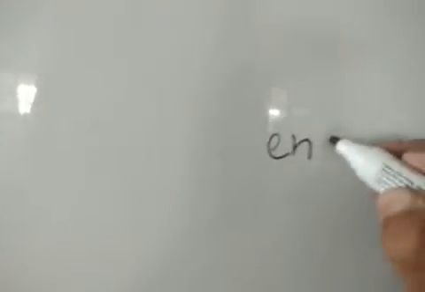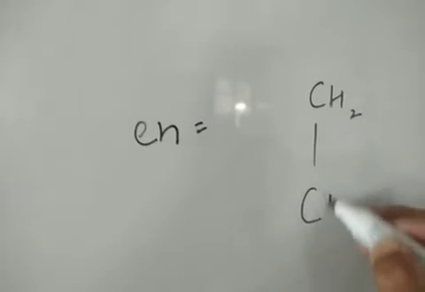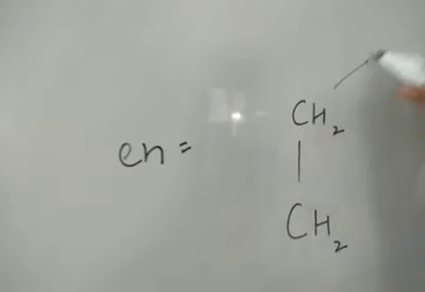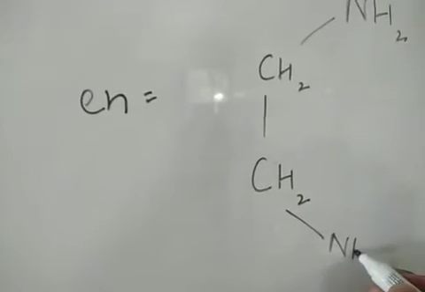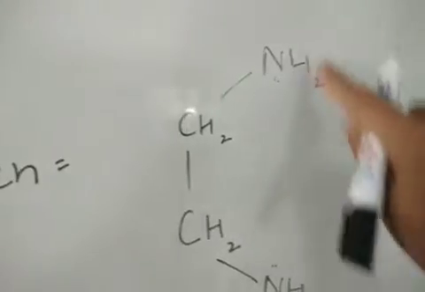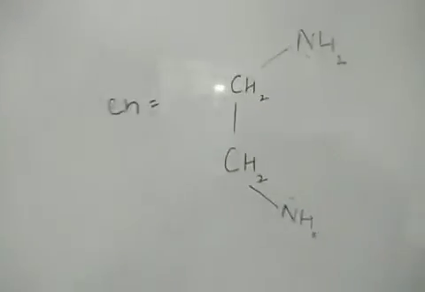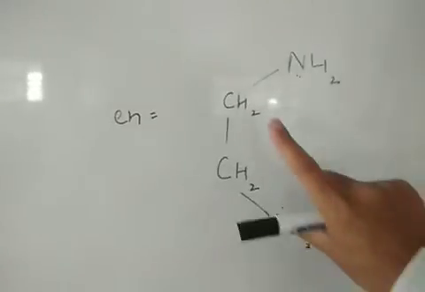Ethylene diamine is basically CH2, CH2, NH2, NH2. So it has 2 donating sites, both are similar. So it's a homobidentate type ligand. So this is called ethylene diamine.